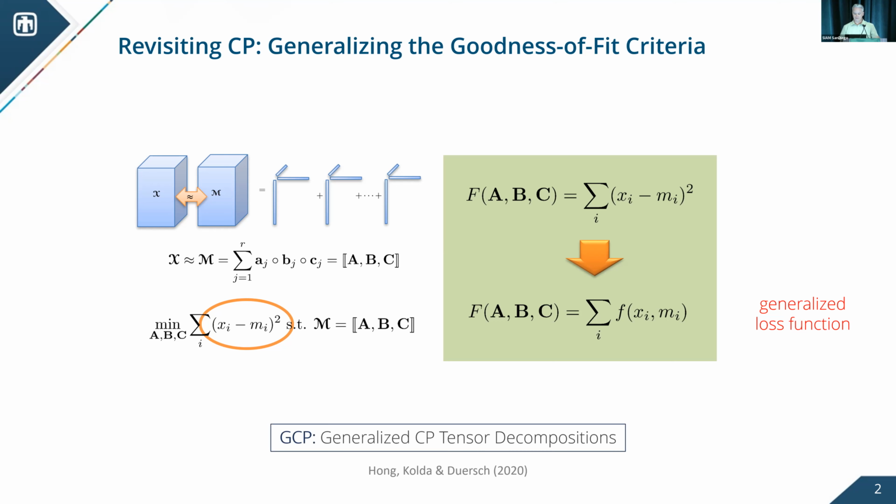This specifically leads us to a method called GCP, or Generalized CP Tensor Decomposition, that Tammy and David Hong, who's here as well up in the front, and Jed Dersh developed several years ago. In the MATLAB Tensor Toolbox, if I refer to GCP opt or GCP_opt, that's what I'm talking about. It's the implementation in the MATLAB Toolbox associated with this method.